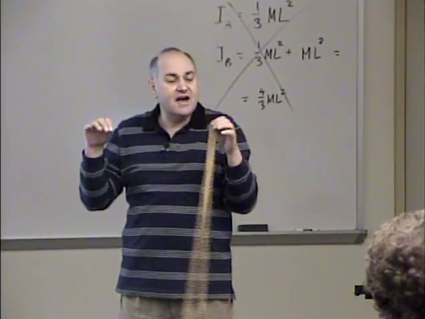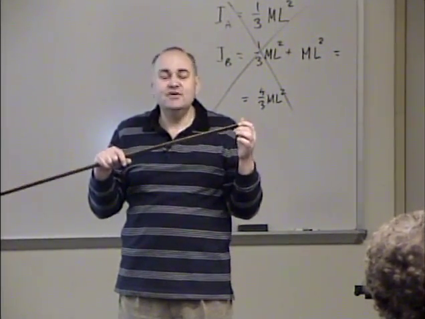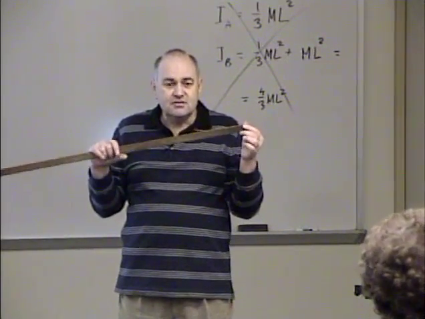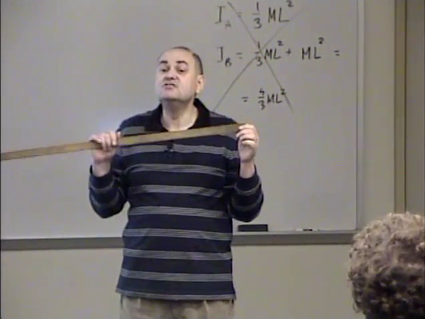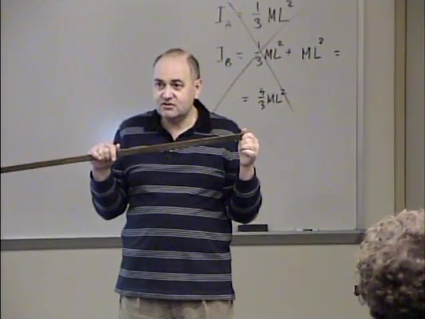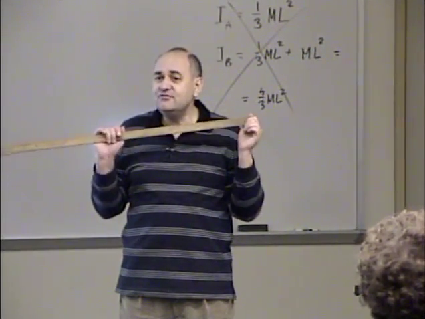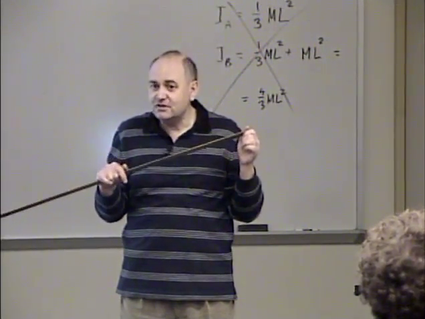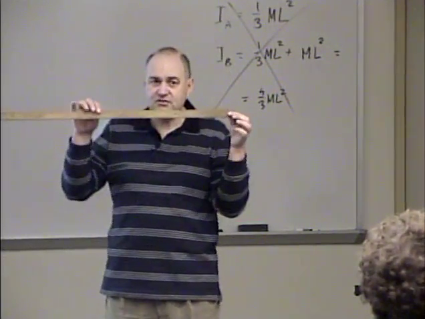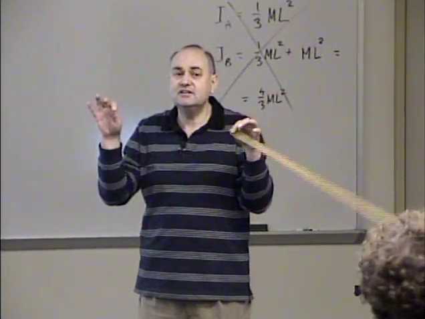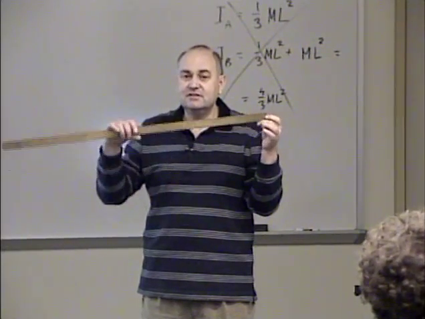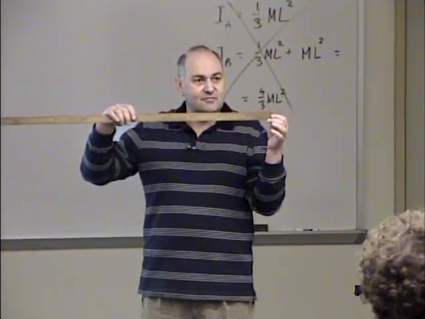Now let's look at the other way, because those of you who thought that the total kinetic energy is greater than the rotational kinetic energy were right if you consider a different rotational kinetic energy. Which rotational kinetic energy would you have to consider? About the center of mass, correct.